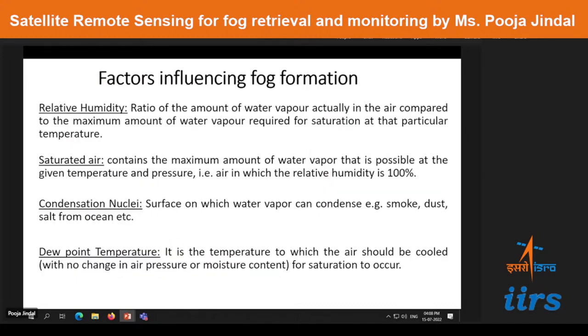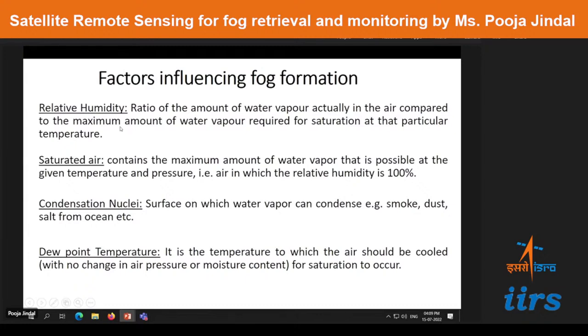Now let's see what the factors are which influence the fog formation. First is the relative humidity, which is defined as the ratio of the amount of water vapor actually in the air compared to the maximum amount of water vapor required for saturation at a particular temperature, right? And we know that for saturation, the relative humidity should be 100%.